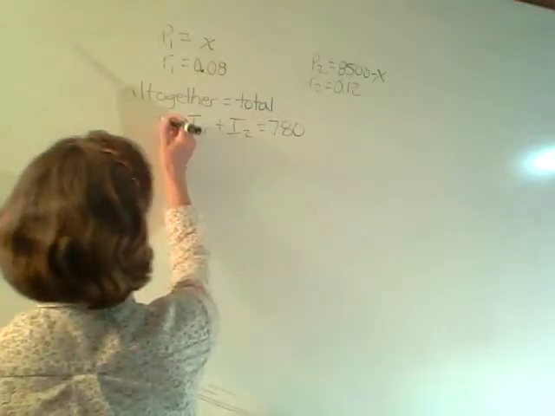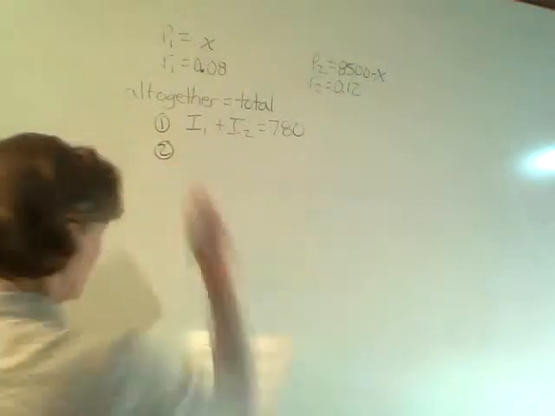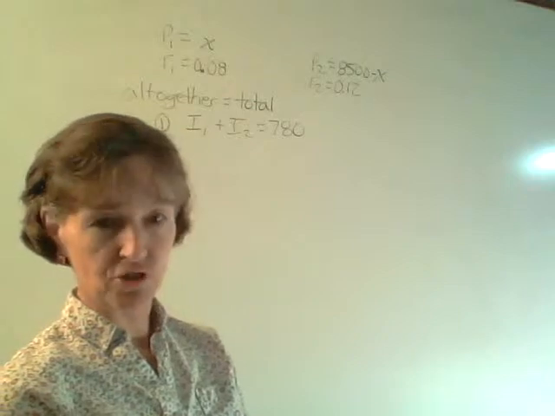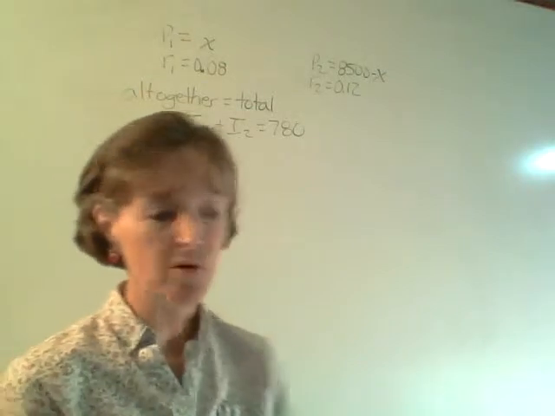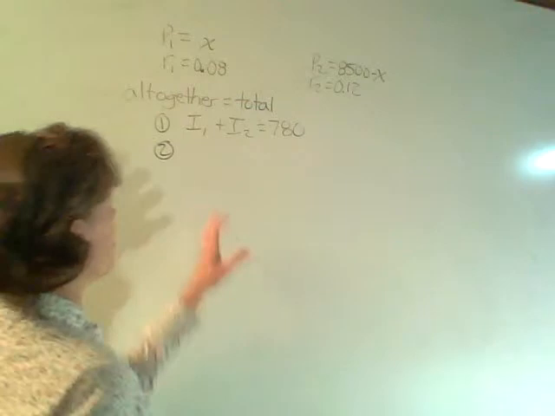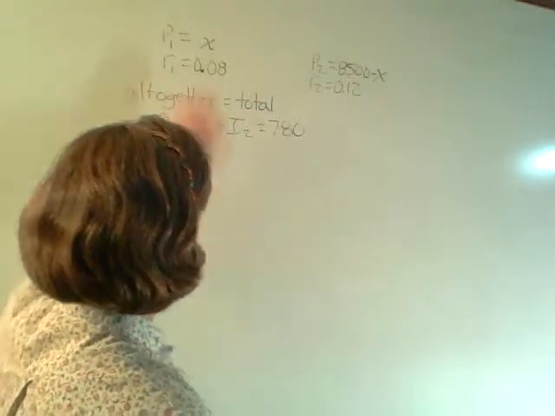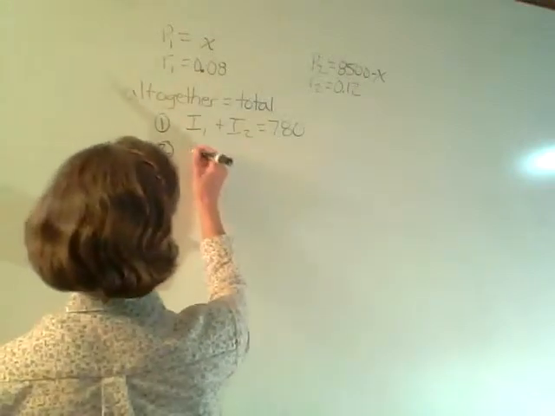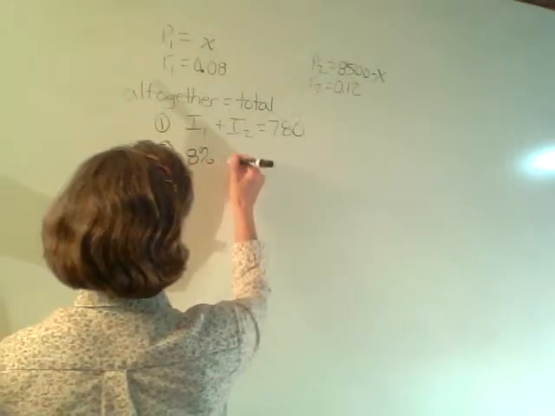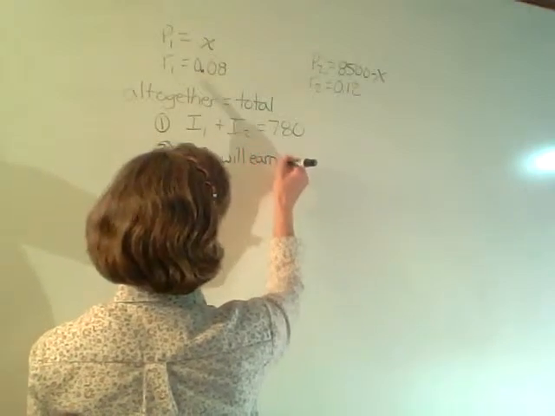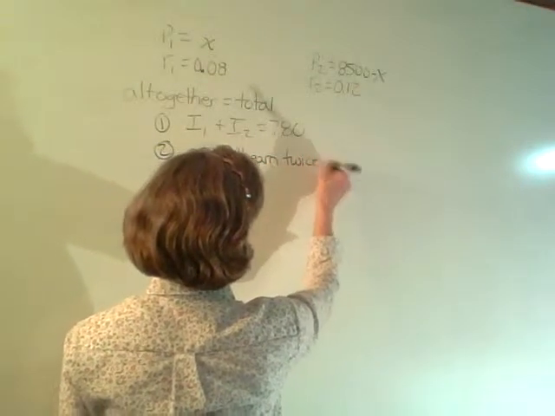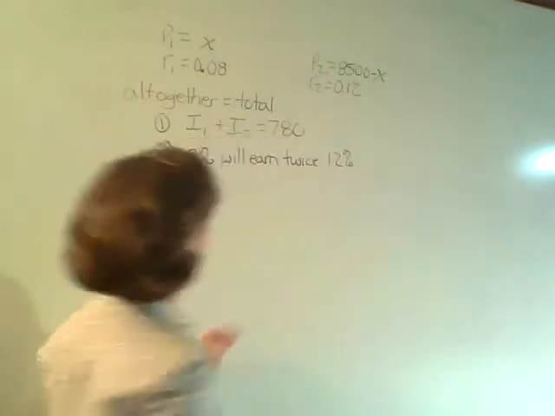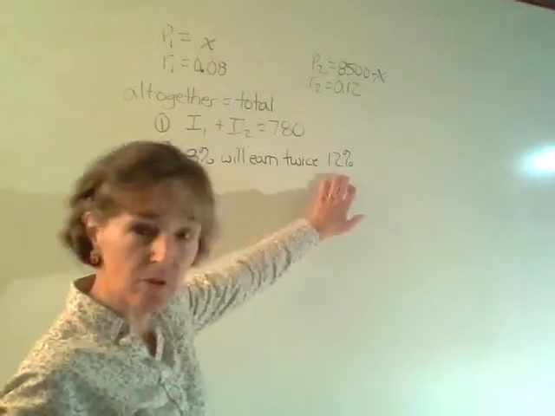Number 2. It says, how much do they invest at each rate if they earn twice as much from the 8% account as they do from the 12% account? This time I know that the 8% account is going to earn more money. The 8% will earn twice the 12%.